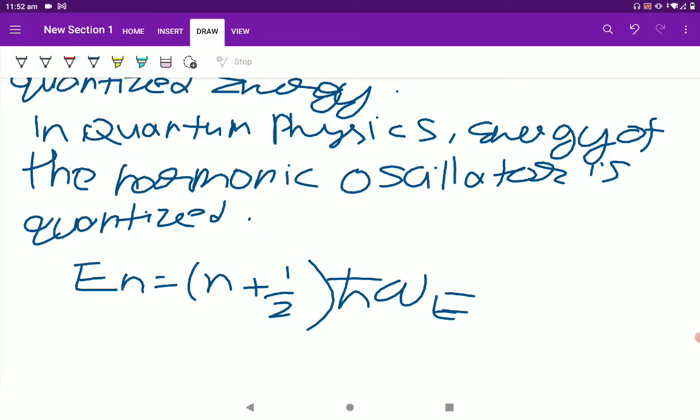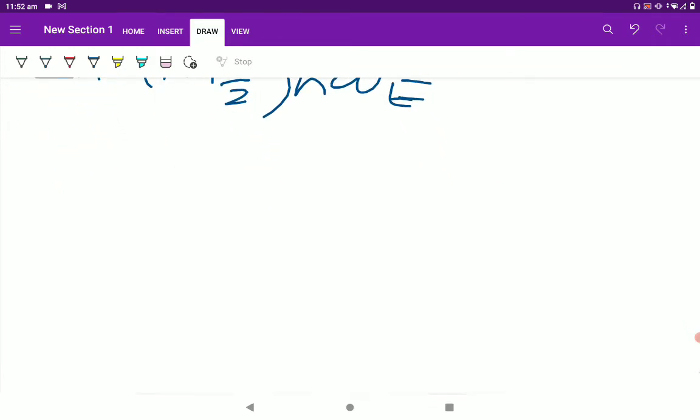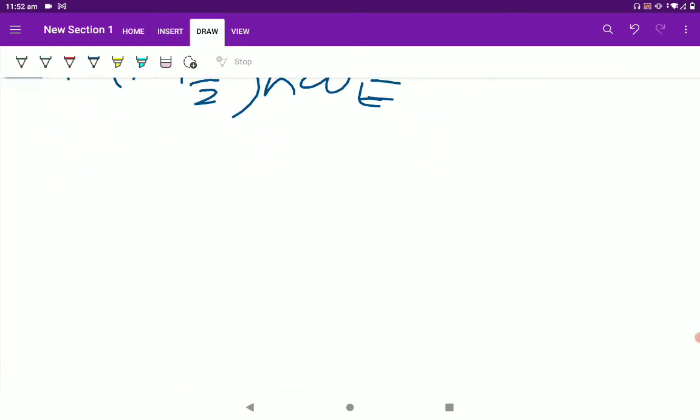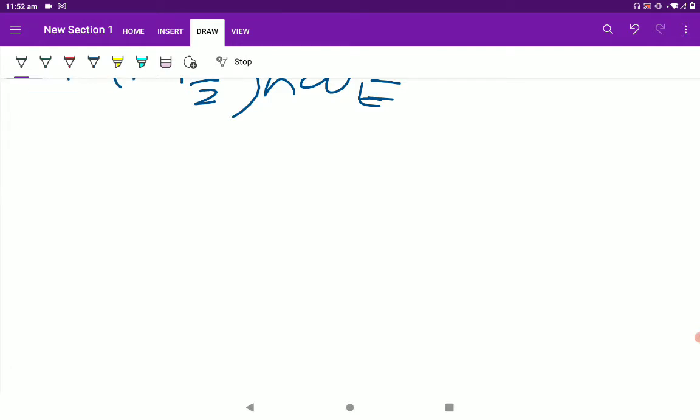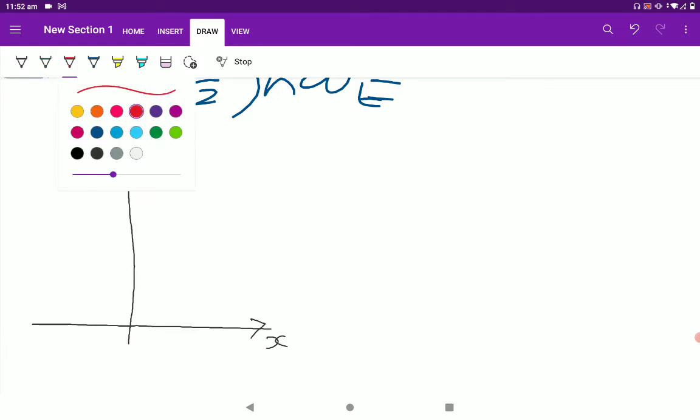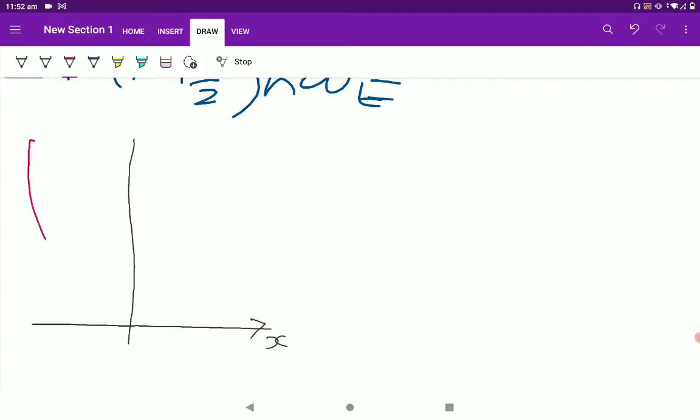So let's plot the curve. This is the curve of half kx square, and it means that we have a potential which has the energy of a harmonic oscillator.